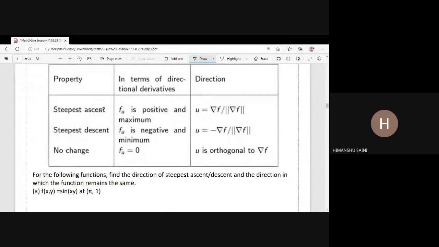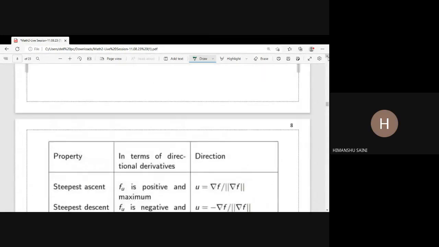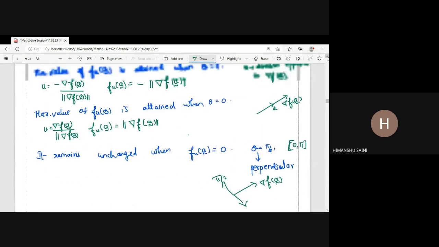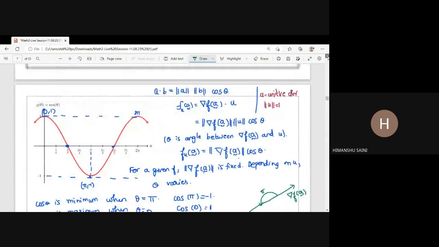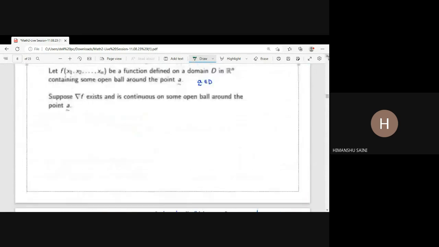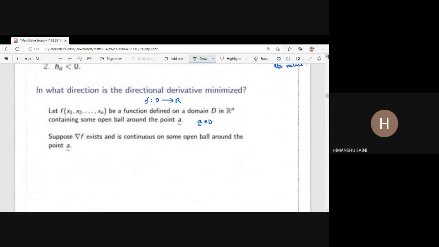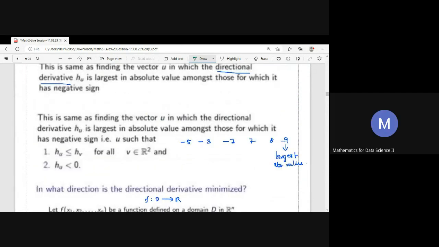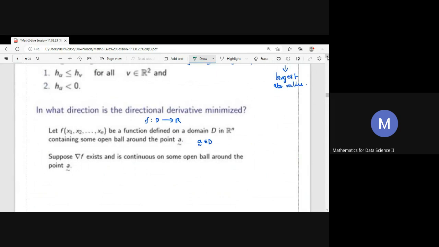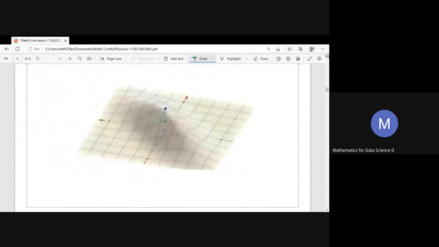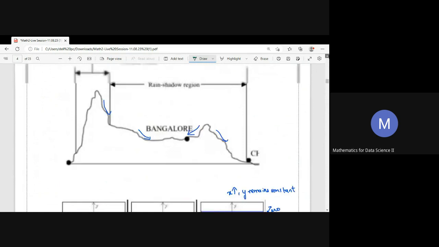In this case, what do the minimum and maximum values represent? It is like the derivative, the slope being maximum and minimum at that point. In 2D it is easy to understand.